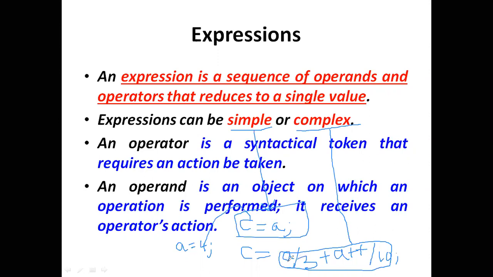Here we are unable to say the result, whether a by 3 is executed first, or a plus plus, or a plus plus divided by 10. That's why we feel it is complex, so we call this entire expression a complex expression.